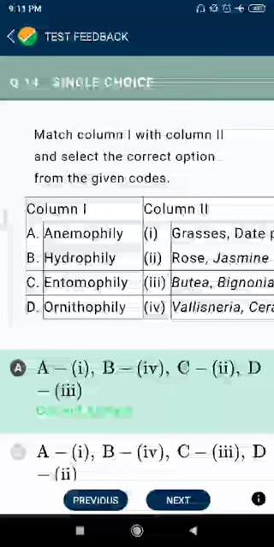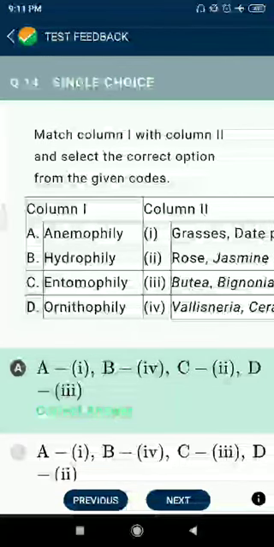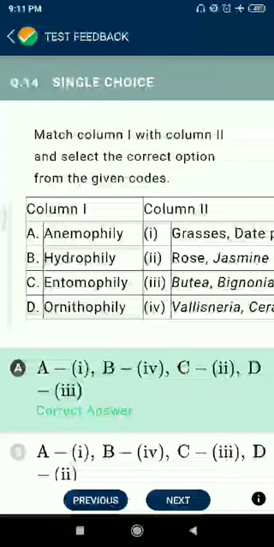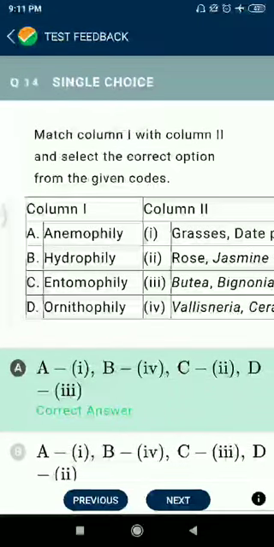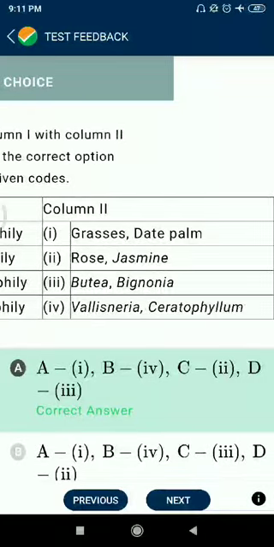Question number 14. Anemophily is pollination by wind, for example grasses and date palm. Hydrophily is pollination with the help of water, for example Vallisneria and Ceratophyllum.